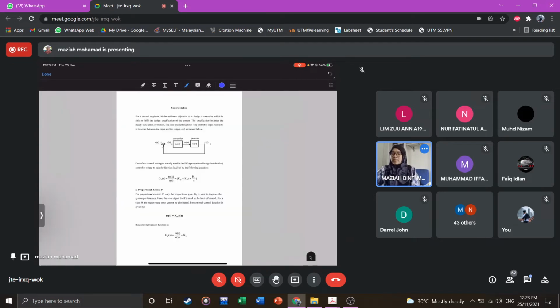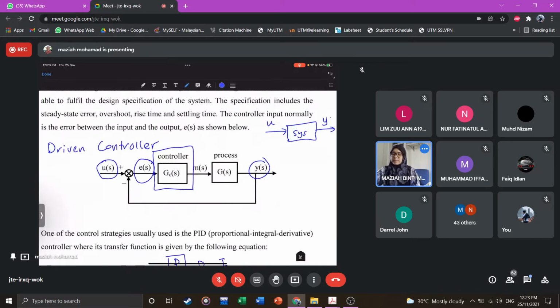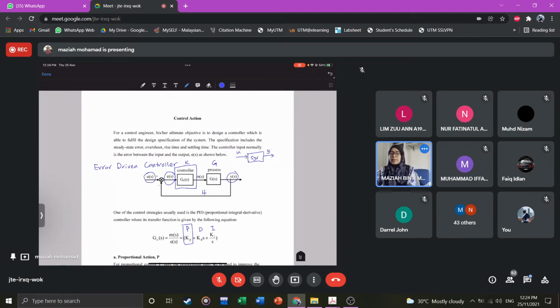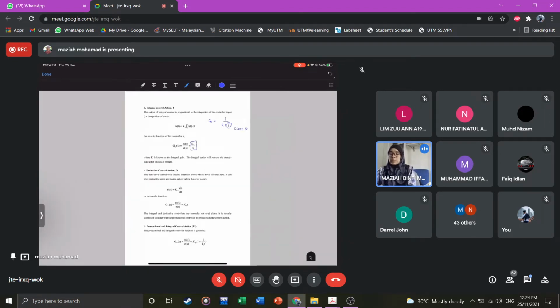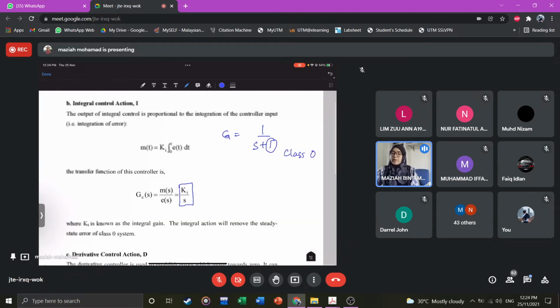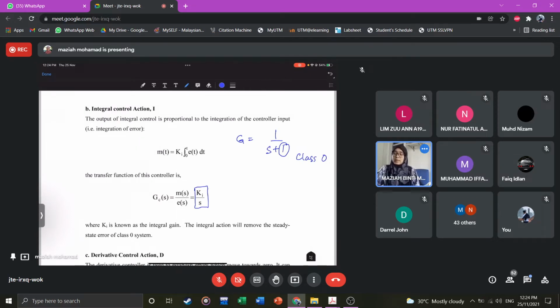Referring to the block diagram, the open loop transfer function is K, G, H, so we multiply K with G and H. Therefore the transfer function will equal Ki over S times (S plus 1).